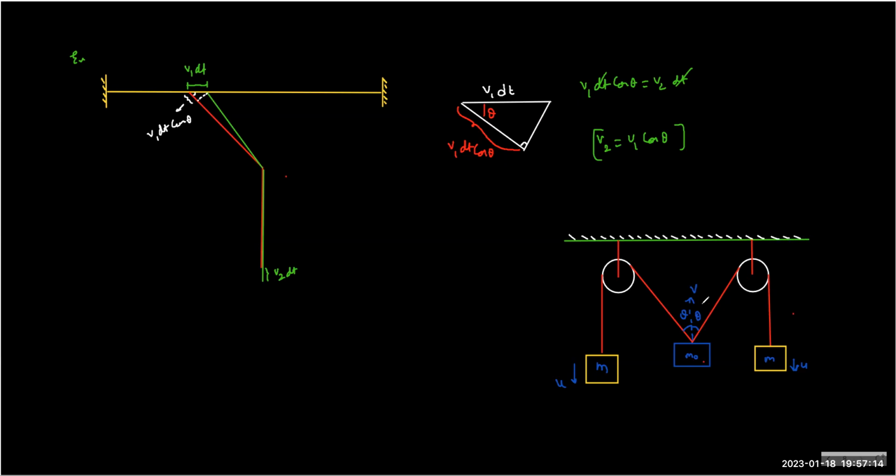So what is the relationship between V and U? U is equal to V cos theta. U equals V cos theta is the right answer. Excellent. Do you realize this? Yes, sir. So which constraint did you apply here, Siddhant?